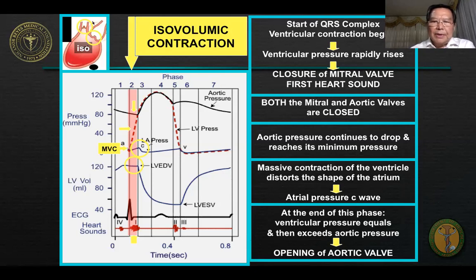At the end of this phase, the ventricular pressure equals and exceeds the aortic pressure, that is somewhere over here. That is the aortic pressure, and this is the LV pressure, right? So there is a consequent opening of the aortic valve over in this part of the cardiac cycle. Okay.